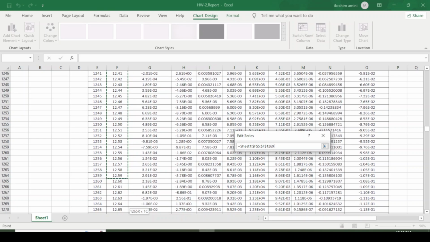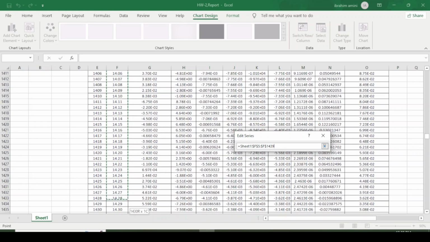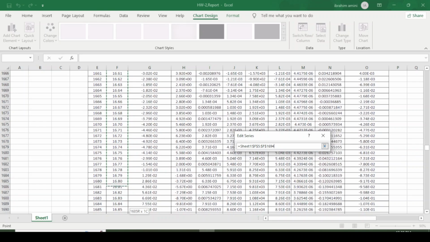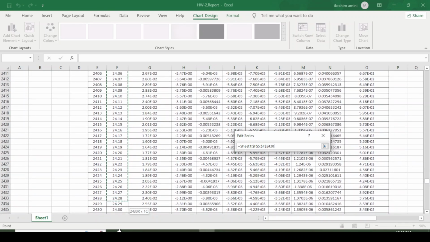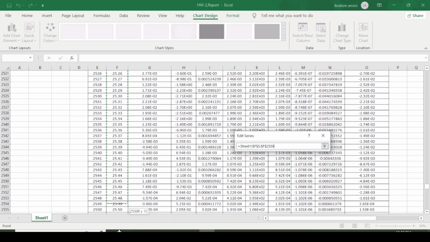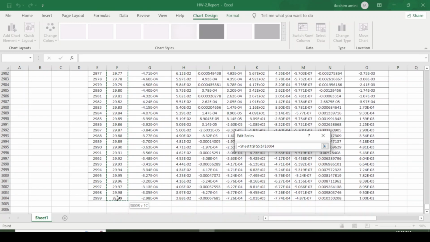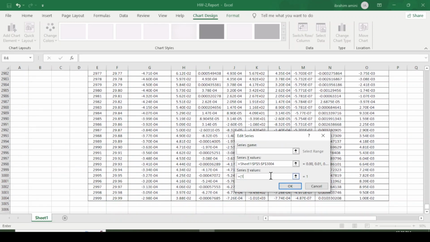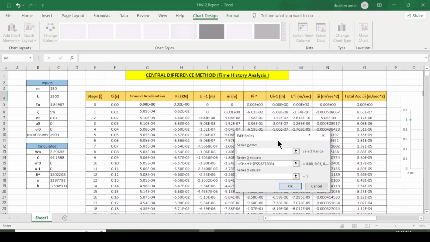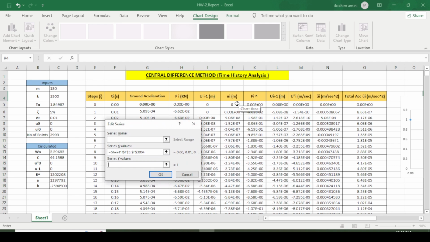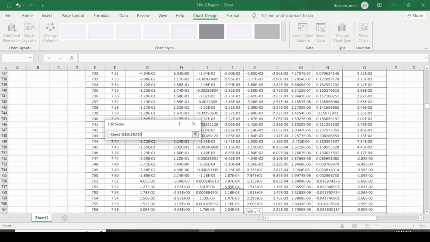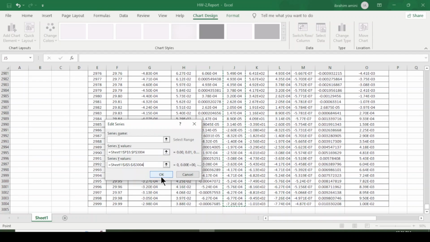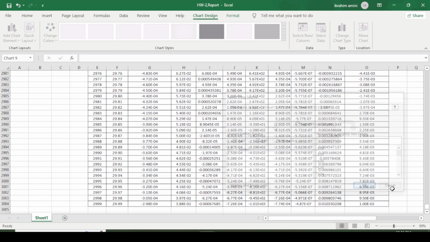Then I will select the displacement for all the points up to the end. You can just press the shortcut as well, and you will reach the final point. Then release it, remove this series Y, come back to the displacement, select these ones for all the points, then you will see the graph. Release it, then press OK and OK again.